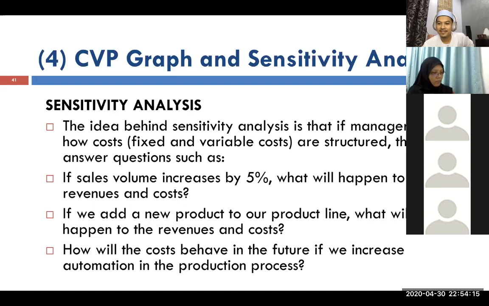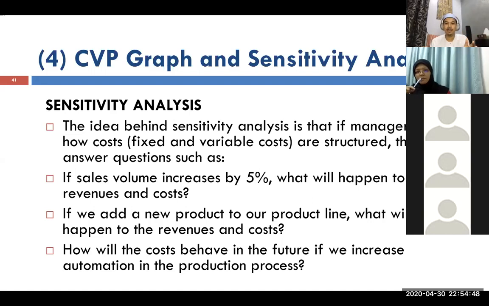Yes, Zul. Okay. From what I can understand from the sensitivity analysis, it has different scenarios or cases, right? So if let's say we come up with two different scenarios, we have to do the calculation once again, and we have to reflect the calculation in the CVP graph as well. So there will be a different CVP analysis for each scenario. Am I right? Yes, for each scenario you will have to come up with a CVP graph.